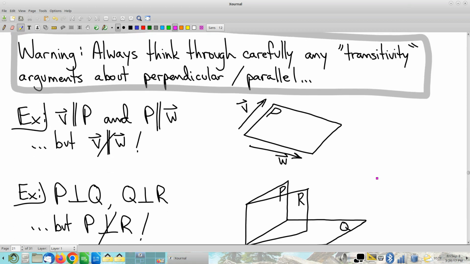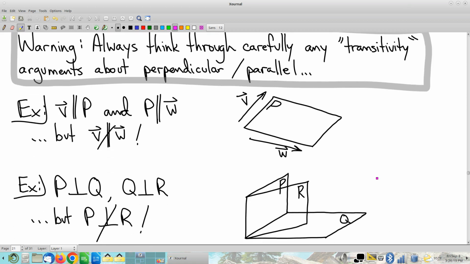So what I want to say about these transitivities is be careful. They are not all what you would hope from how you might write them down. Some easy, obvious counterexamples: let's look at this vector V and this plane P. Those are parallel.